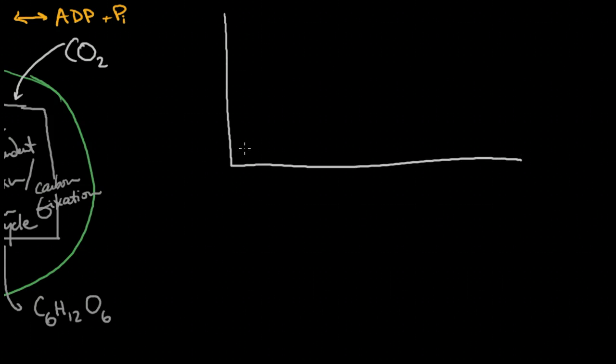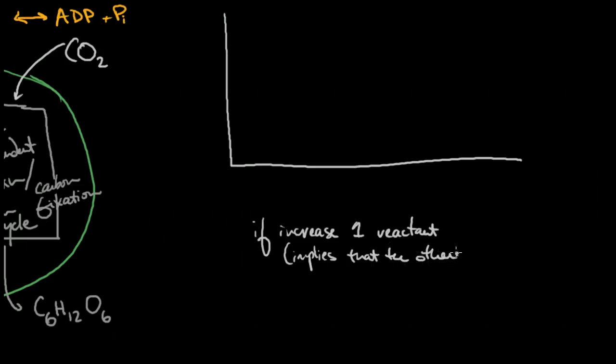Whenever there's a limited reactant and we're increasing one reactant, which implies that the others are at a constant rate or constant level, then we'll see a curve.